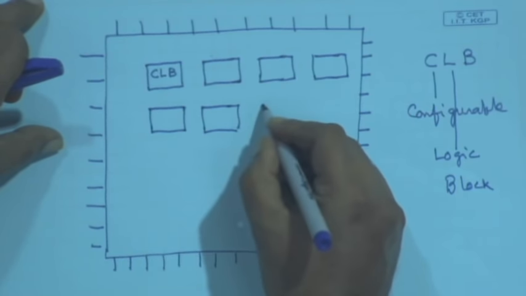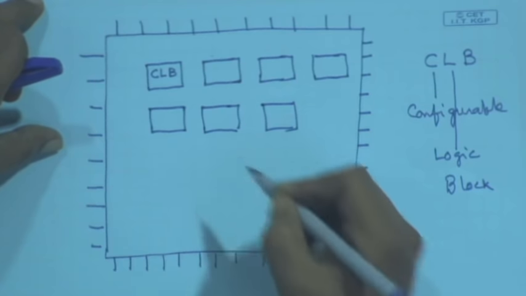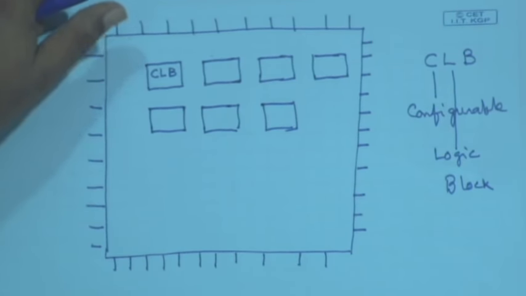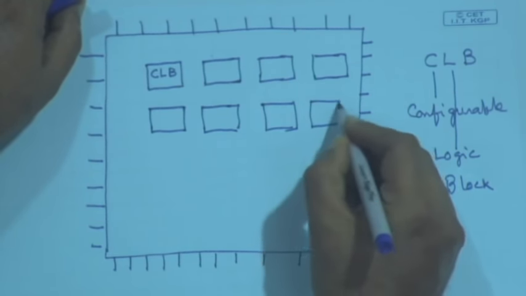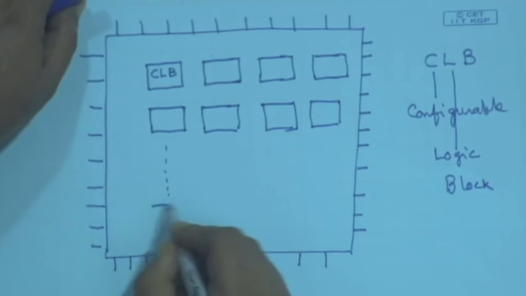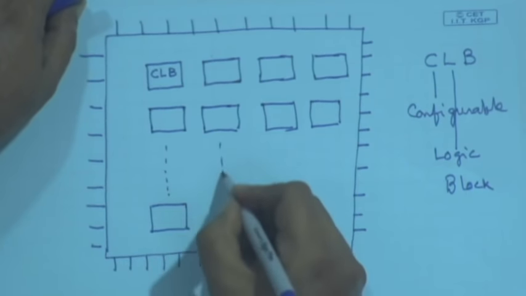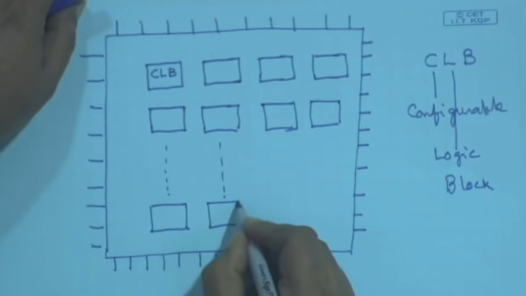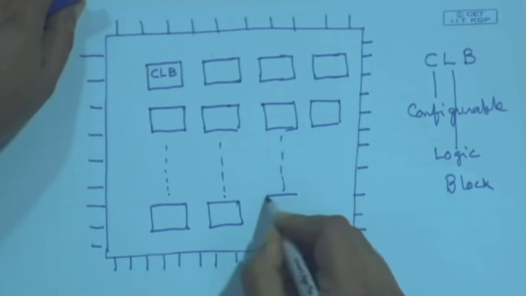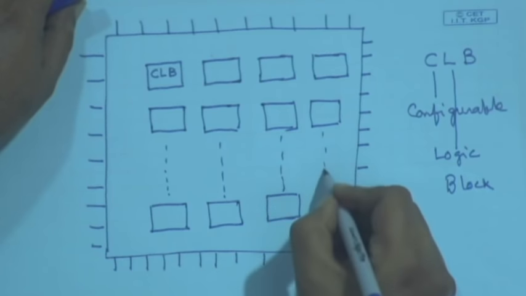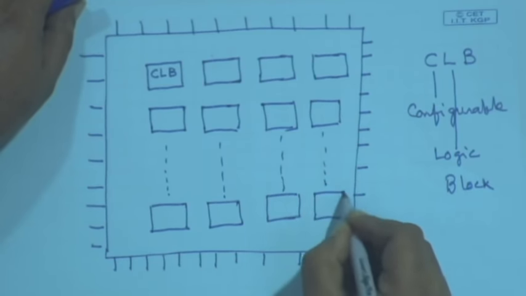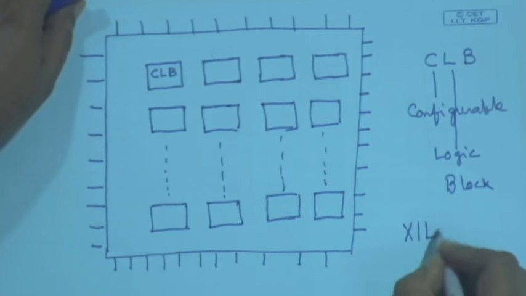Typically, the present day FPGAs give you around 300,000 such CLBs on a typical FPGA chip. The best known FPGA manufacturers are Xilinx, or Actel.